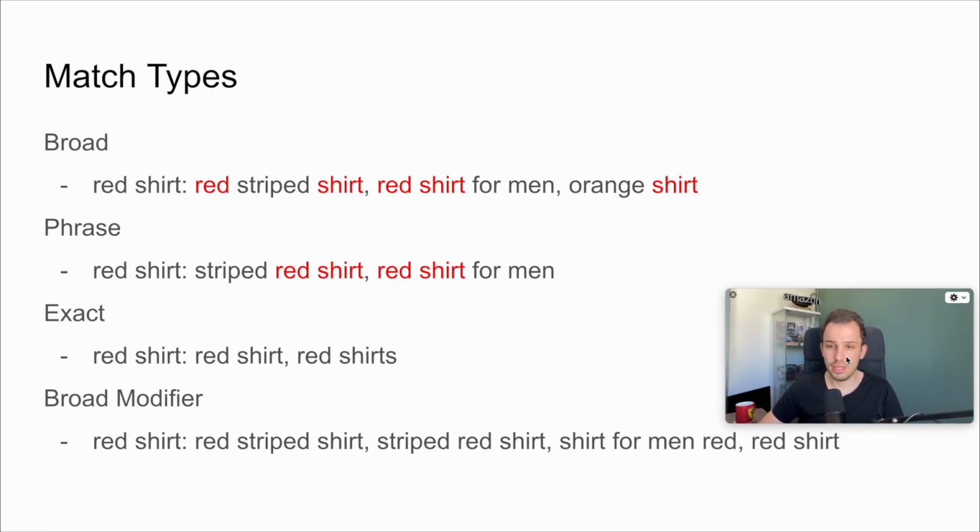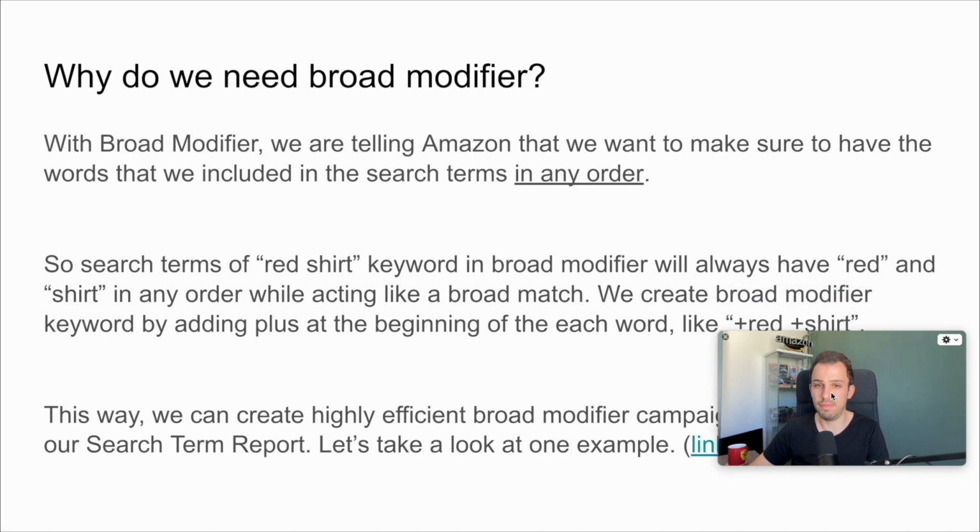So what we are seeing is, if we target red shirts in broad modifier, we will see that we can see red striped shirts. As you can see, it is in between. We can see striped red shirts in the front, shirt for men red, which is just mixed, and we can see the exact match. So what this does is basically we are telling Amazon to only give me the search terms that include red and shirt in any form, in any order.